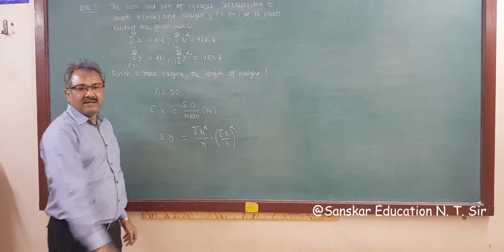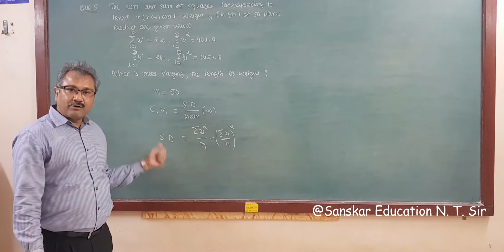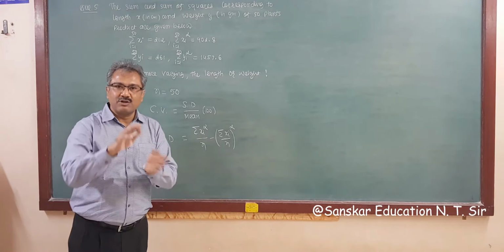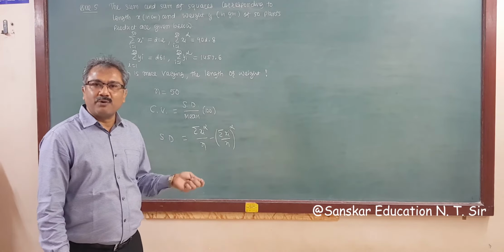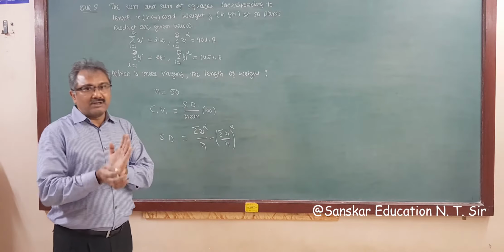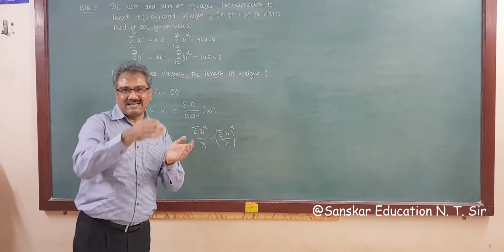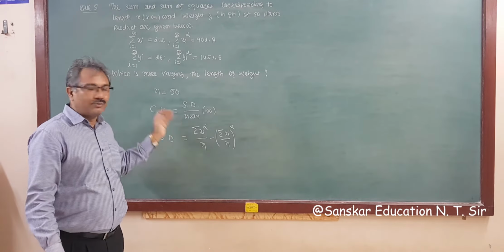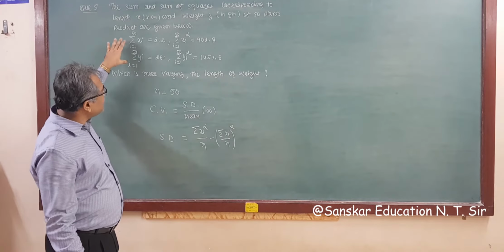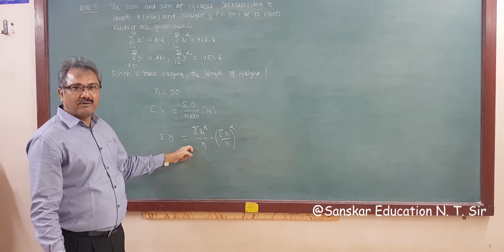Why are we not applying the formula with modulus of xi minus x bar whole square upon n? Because here the observations, the xi, are not given, so we are not going to use that formula.